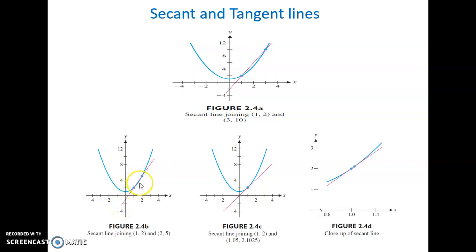Still there are 2 points here. If I take still closer, instead of (2, 5), if I take (1.05, 2.1025), again I have taken 2 points. You can't see the point here, but if you enlarge it, you see that these are the 2 points. So these are all secant lines.